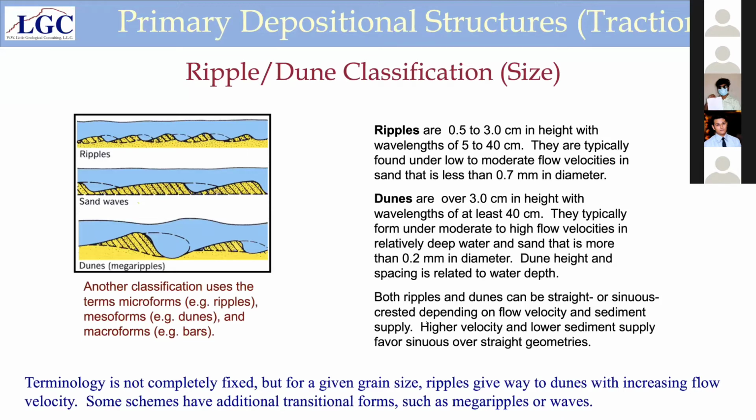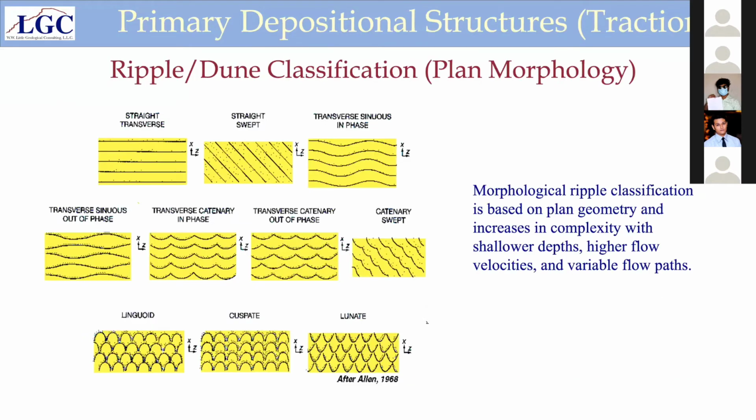But I think that most of us know what a ripple is. We've all seen these small features on the bottom of a river or a lake or in a gutter along the street.